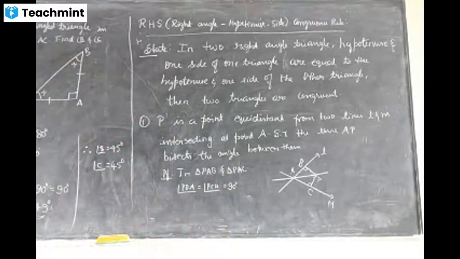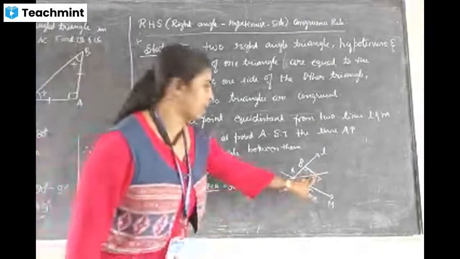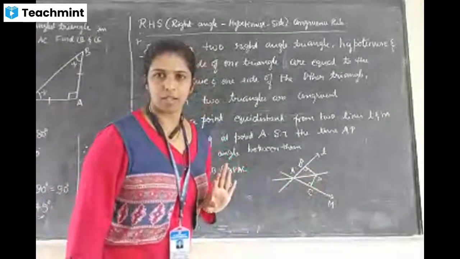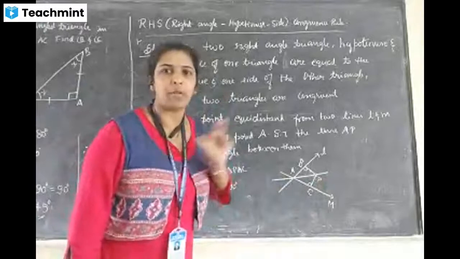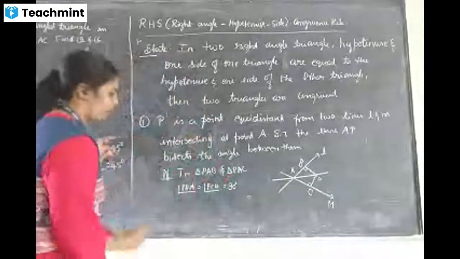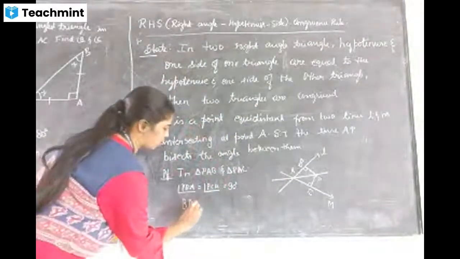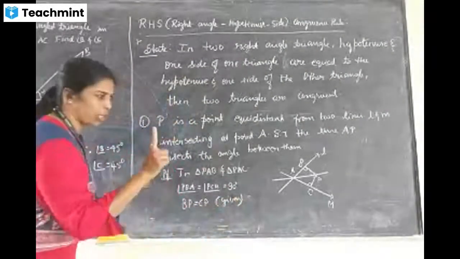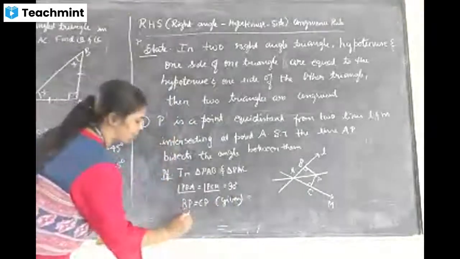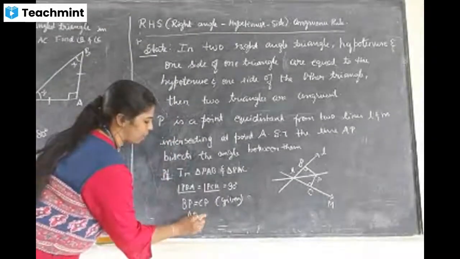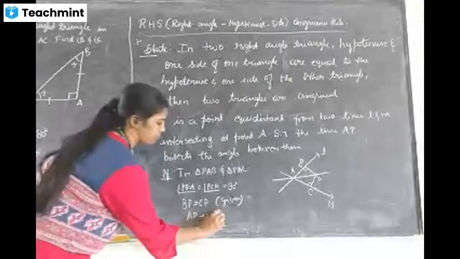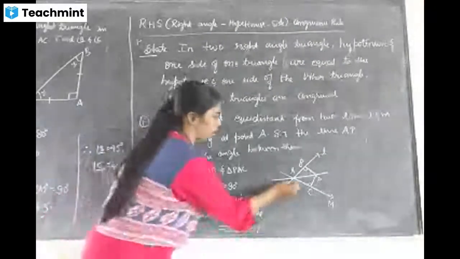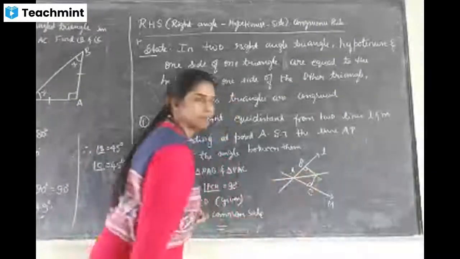Next, they said P is a point equidistant from L and M. Equidistance means the gap must be the same, so BP is equal to CP. It's given already. Next, one more, which is a common side here: AP is a common side. AP is common for both the triangles, isn't it?